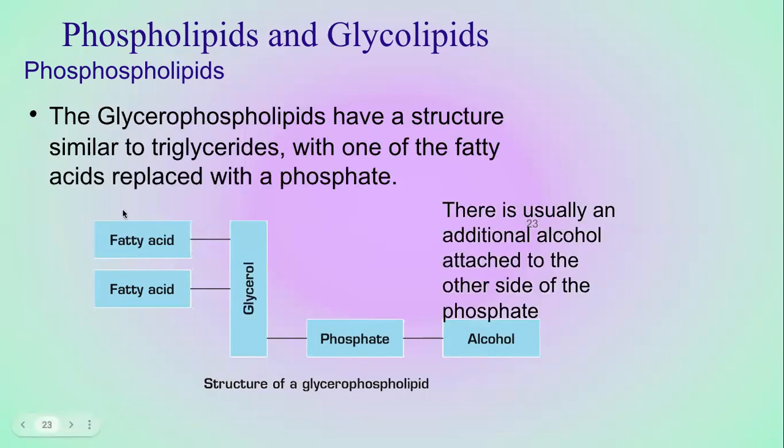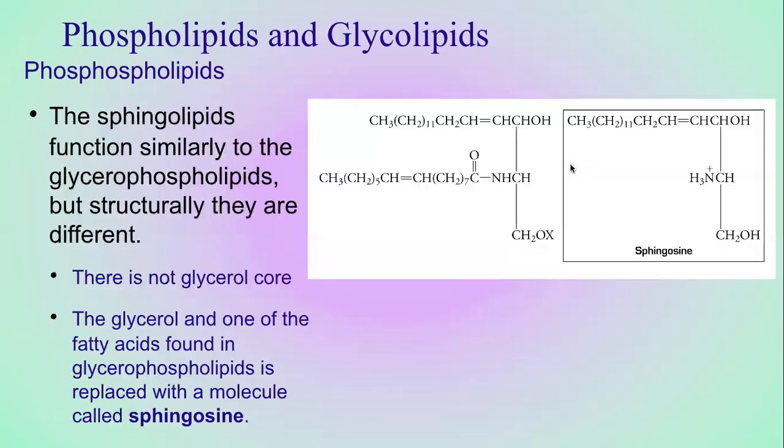And this is the same glycerol phospholipid, just showing how there's usually an alcohol attached to the other side of this phosphate here. So this is what this molecule, this sphingolipid, looks like. It functions similarly to a glycerol phospholipid, but it's structurally different.